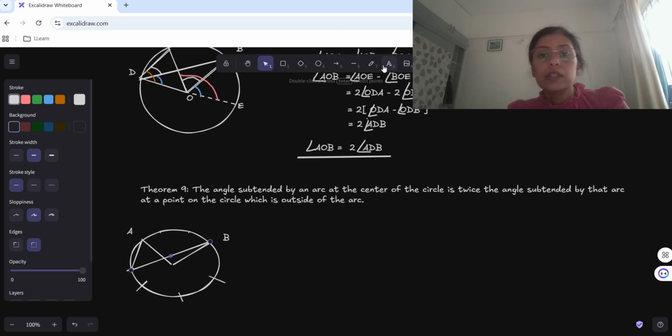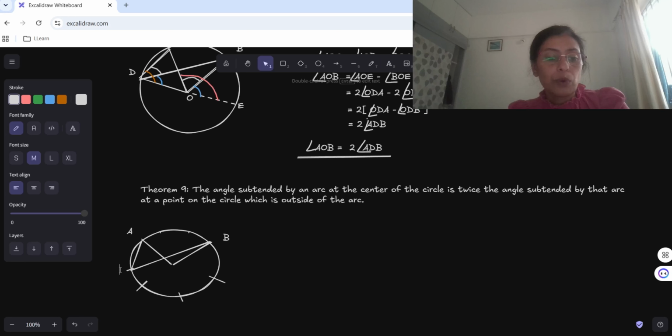So, for example, this point is C, this point is D, this point is E, this point is F. Okay.